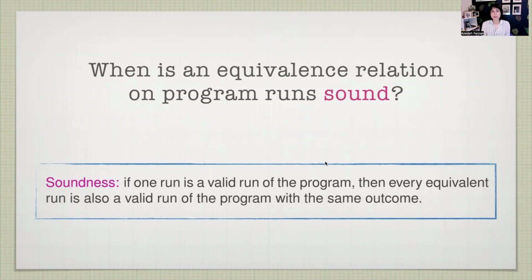We say that an equivalence relation on program runs is sound if, whenever we pick any run that is actually a valid run of the program it comes from, then any other run declared equivalent to it is also a valid run of the program, and it produces the same outcome.